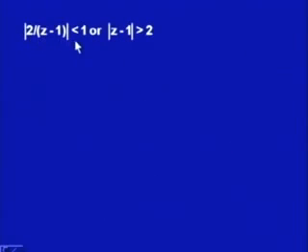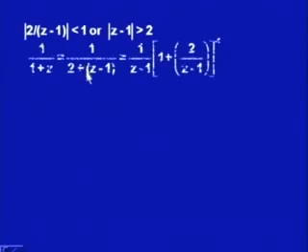In the outer part, when |z−1| is greater than 2, there is no singular point outside this, and we can write 2/|z−1| is less than 1, and in this region we can expand 1/(1+z) in this form.